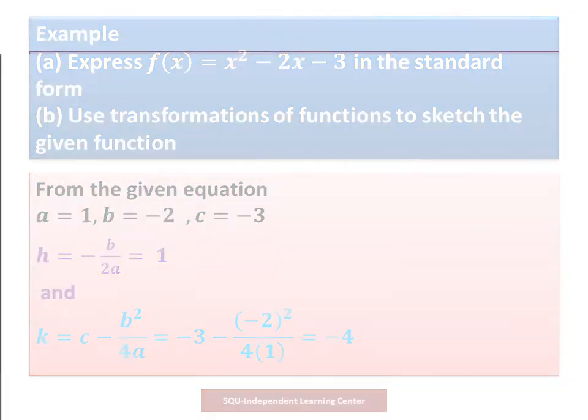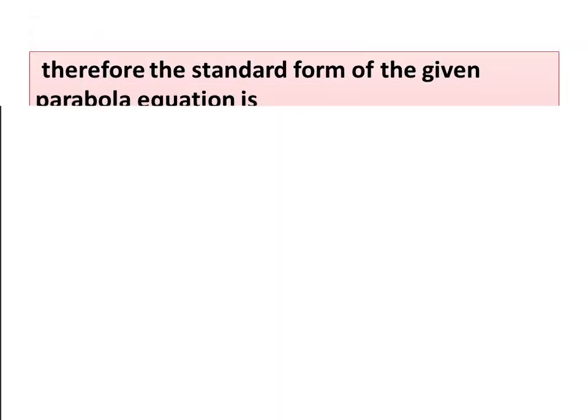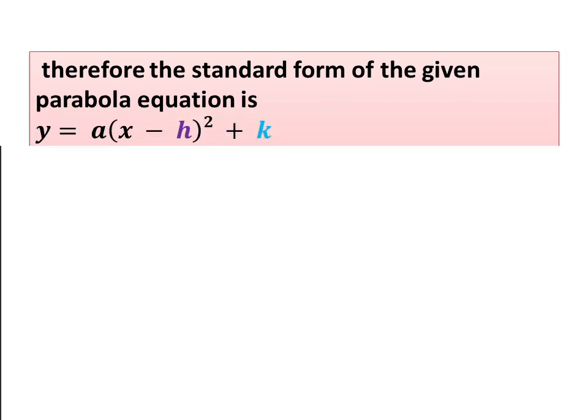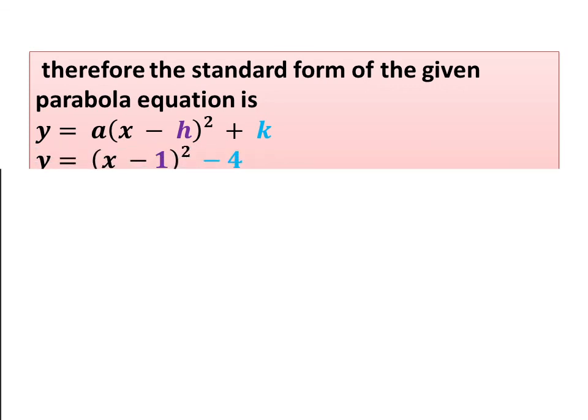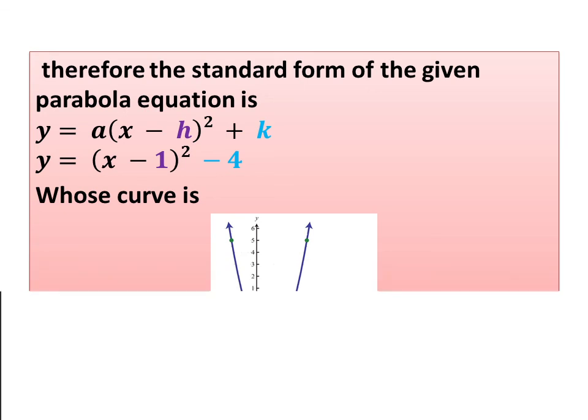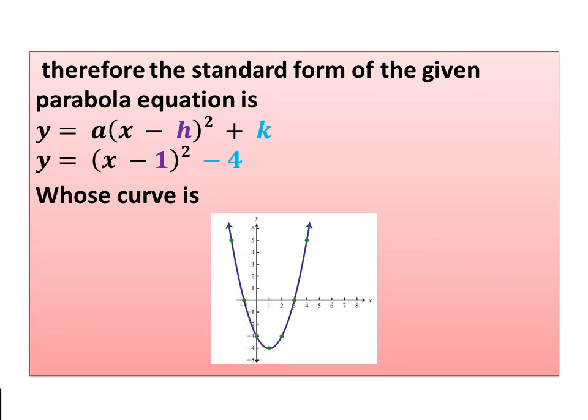Therefore, the standard form for the given parabola is y equals a, which is 1, multiplied by x minus h all squared. H is also 1, plus k, which is minus 4. I read it again. y equals x minus 1 all squared minus 4. So this parabola is open upwards, and the curve of which is given in front of us in the figure.